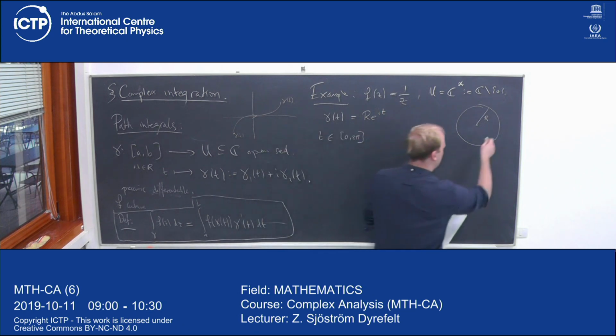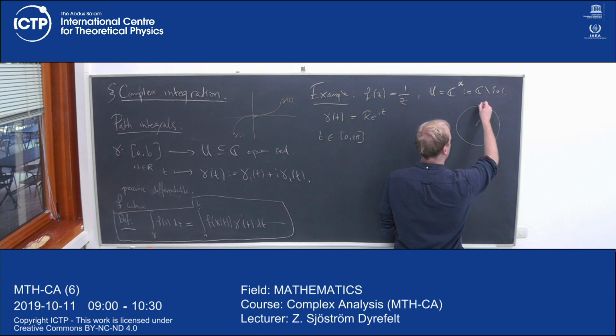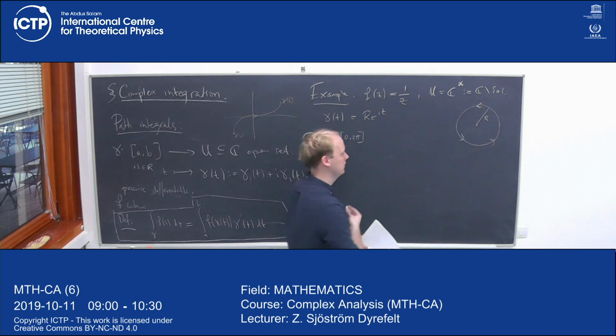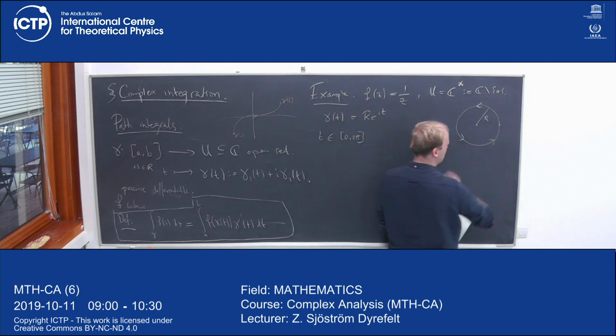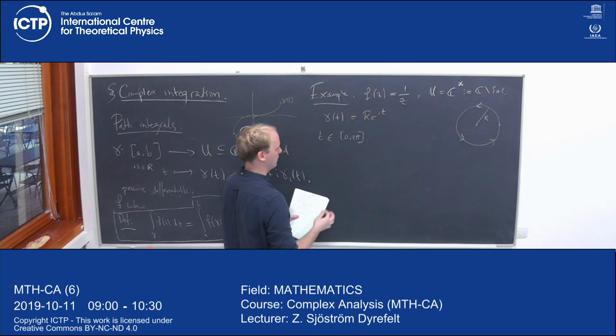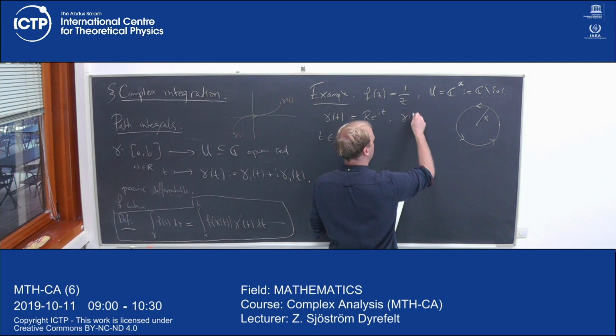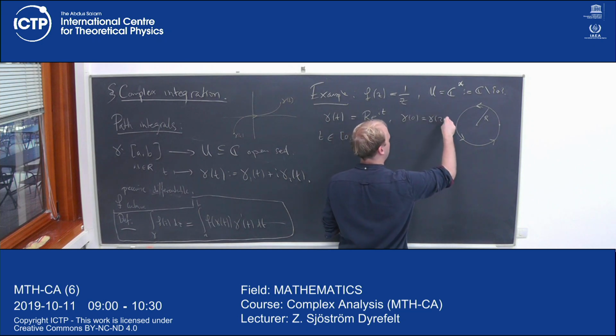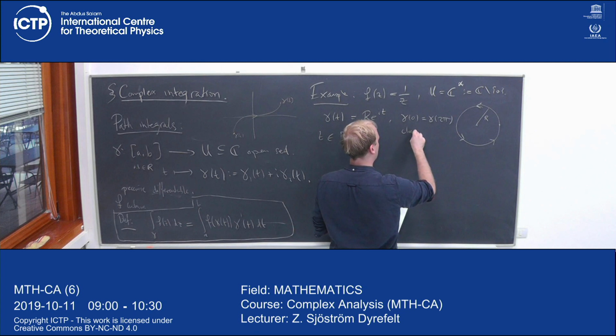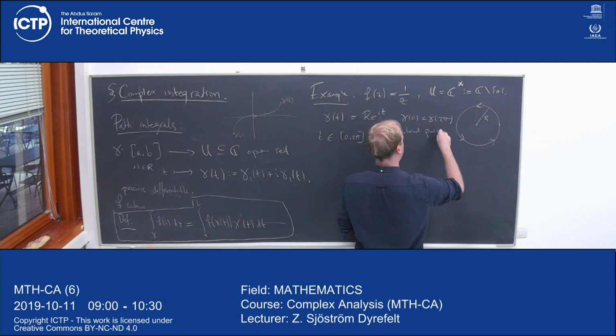Okay, so then you start here, and then you move around the path in this direction until you end here. So in particular, this is a closed path, of course. So gamma of 0 is equal to gamma of 2 pi. So this means that it's a closed path.